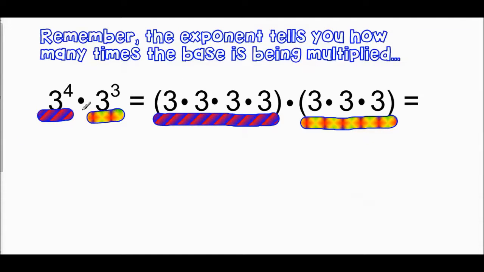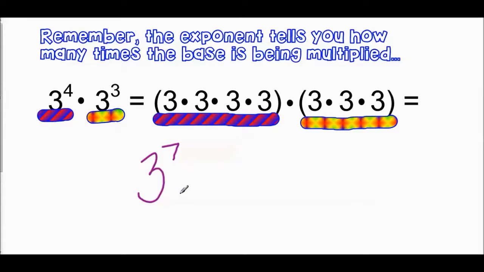Now we know from the use of exponents that however many times the base is being used, that is the new exponent. So I can go through here and I can count. I have 1, 2, 3, 4, 5, 6, 7 3's. So I can conclude that that is equal to 3 to the 7th power.